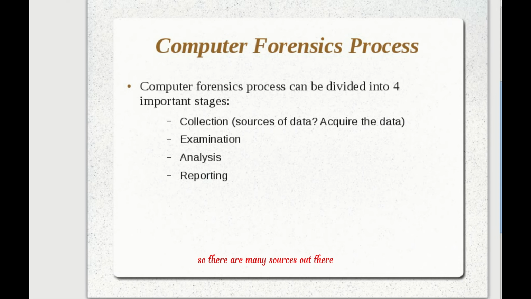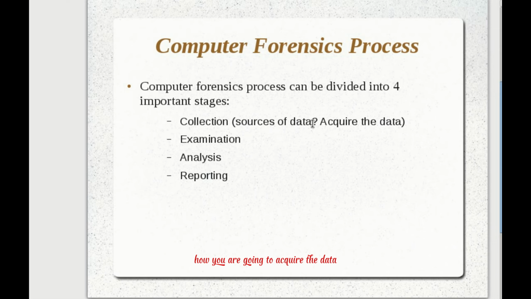There are many sources from which you can acquire data. First you need to identify the possible sources of data, and then you need to acquire the data. Identification is not enough.